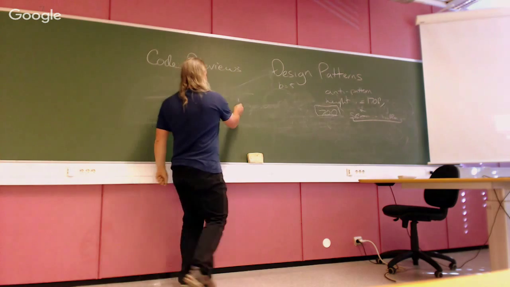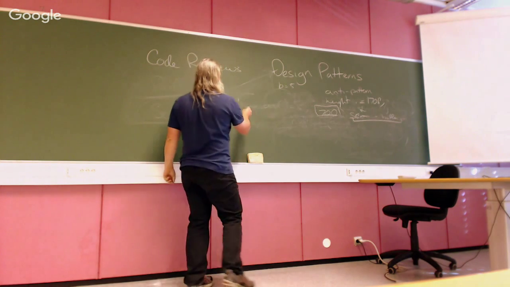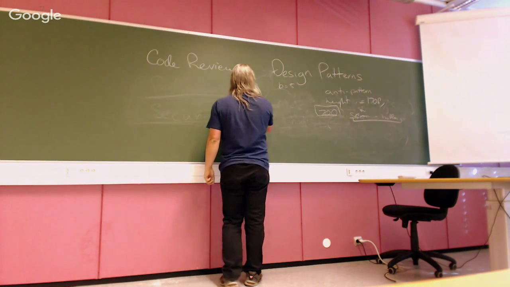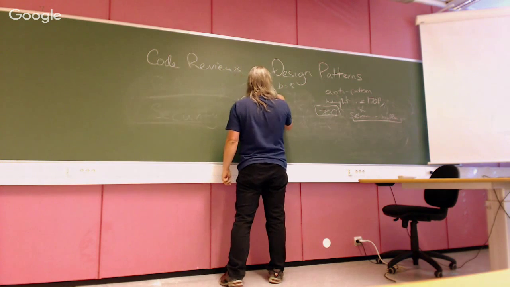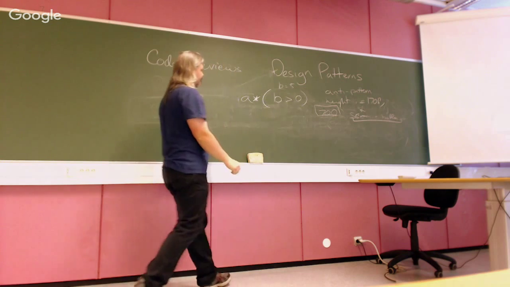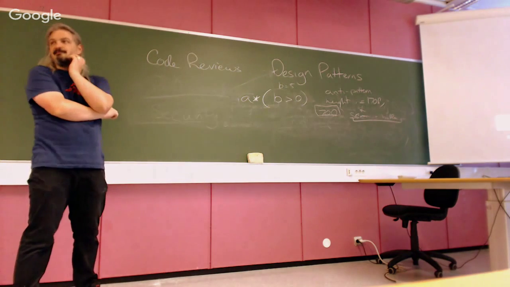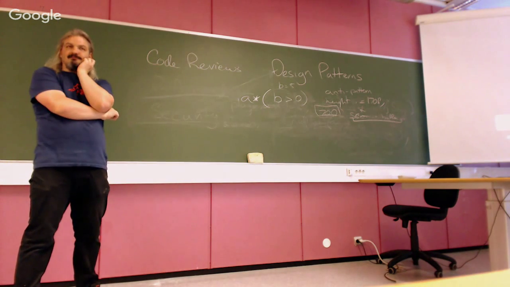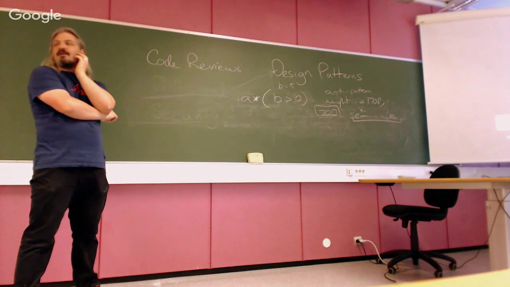You can write, or you used to be able to write, and I don't know if they've changed it, A times B greater than 0. Yeah, I can still write that. What does that do?